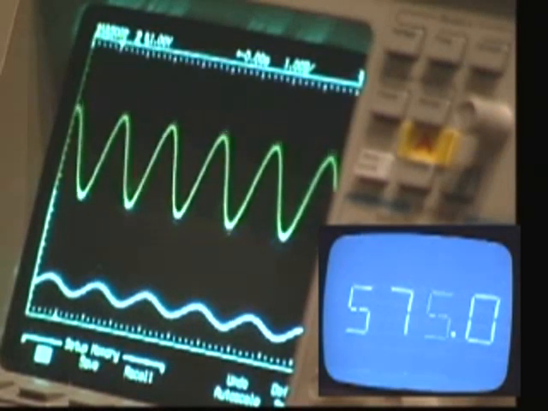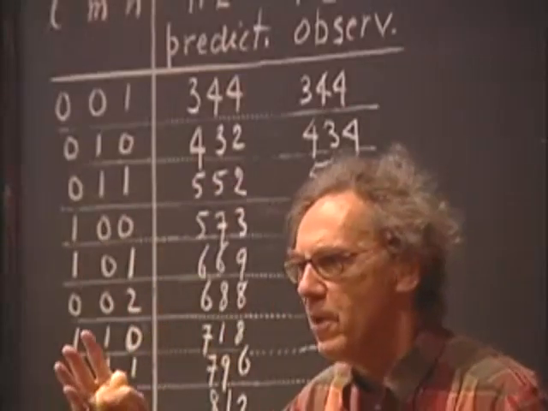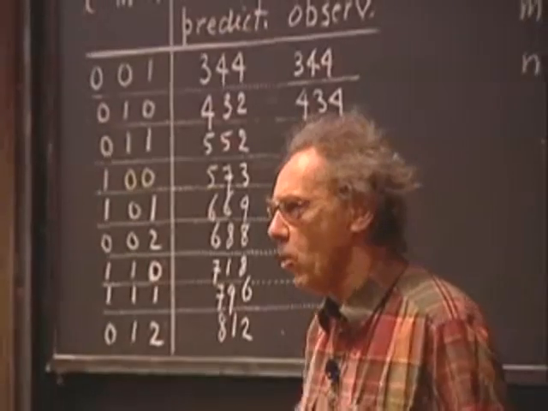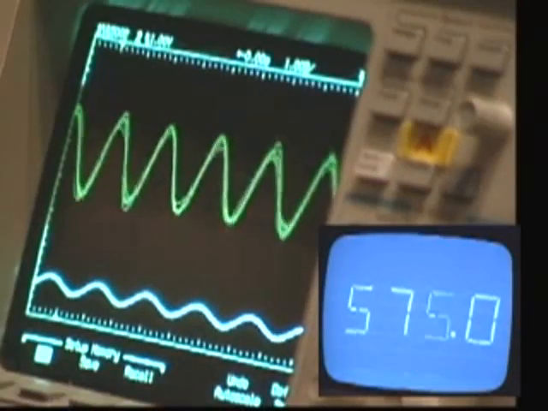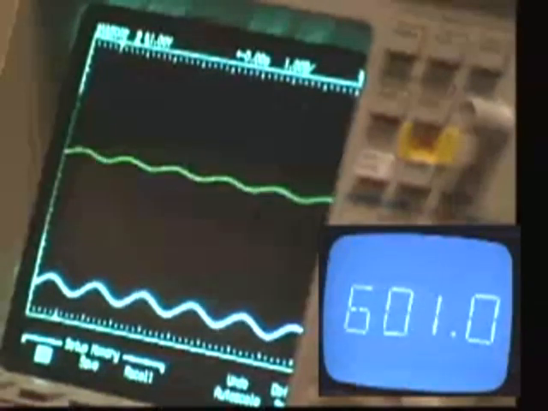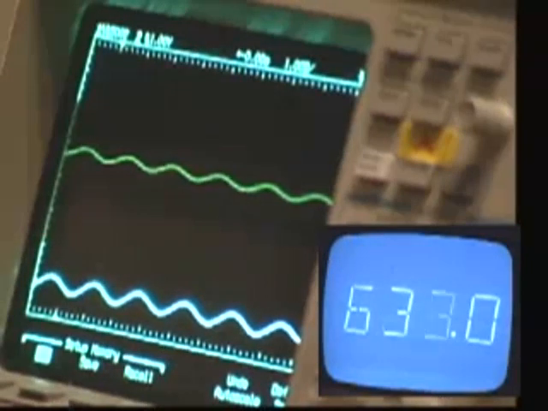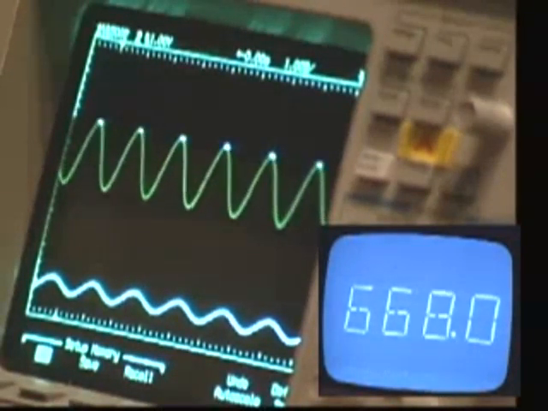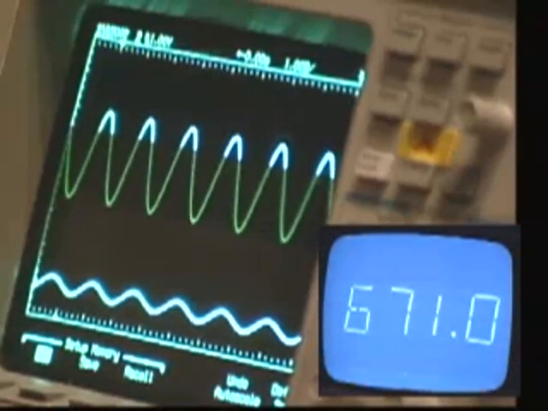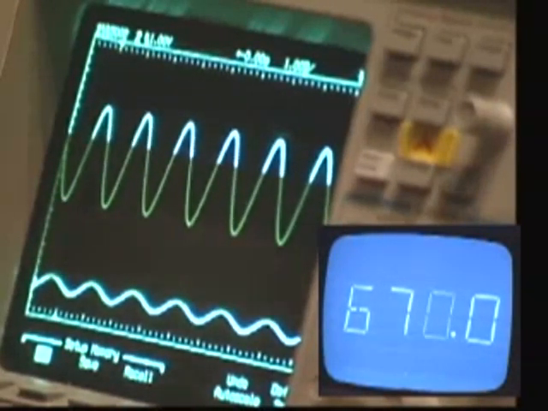Amazing what Mother Nature is doing. All the time making sure that there are pressure antinodes on all the walls. And only then do you see the resonance. The next time. 670.